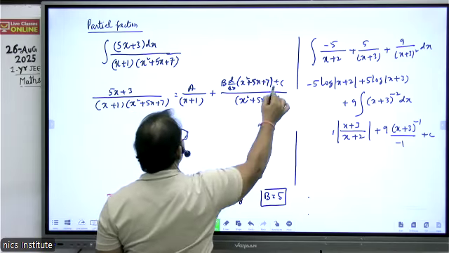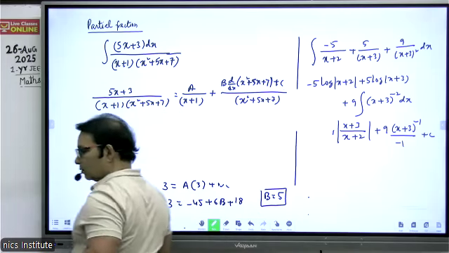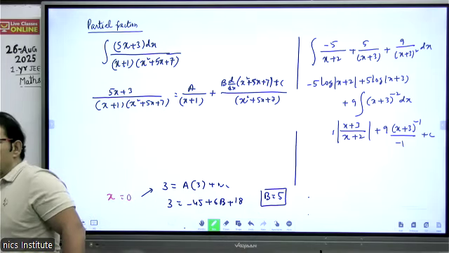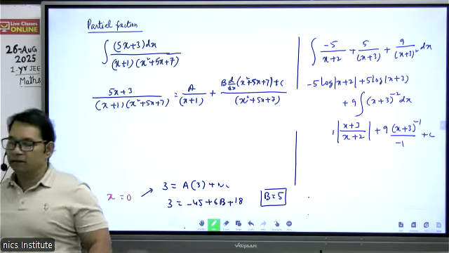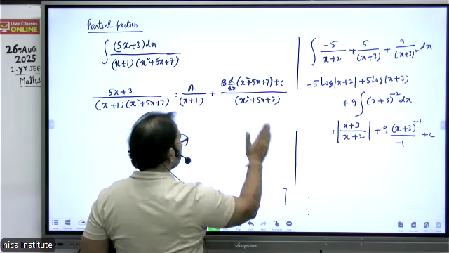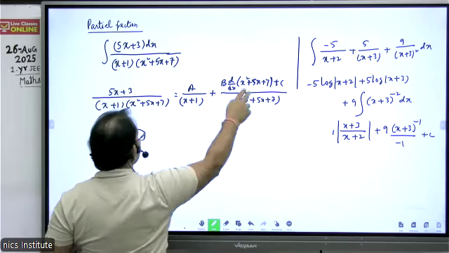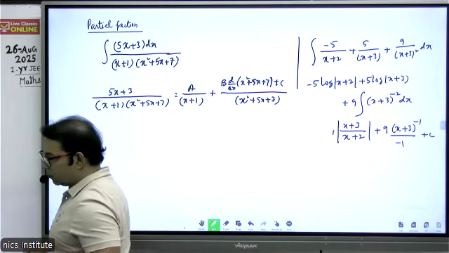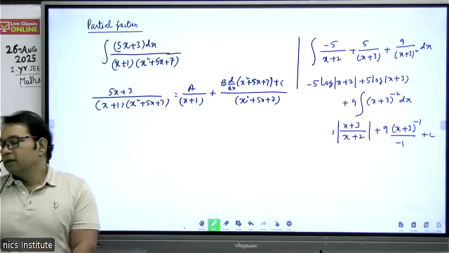So this is what we apply. Sometimes you also write bx plus c, but then you have to further solve that. So it's better to write this way. Don't write bx plus c, you write b into differential of the quadratic plus c.